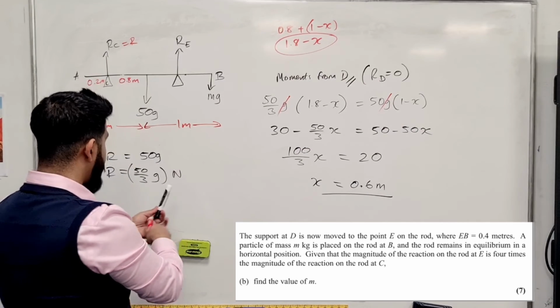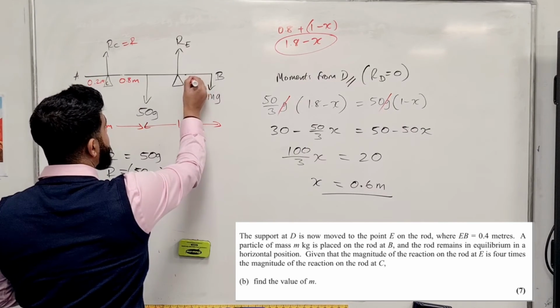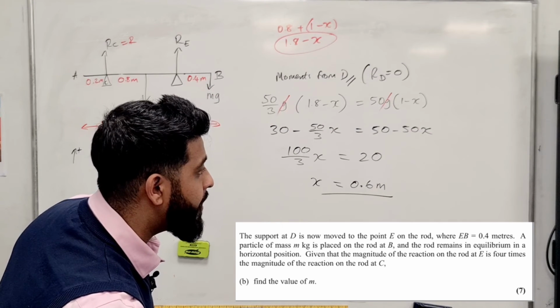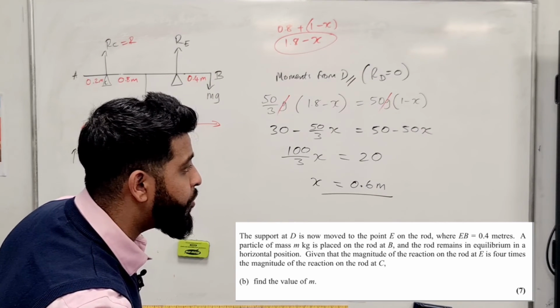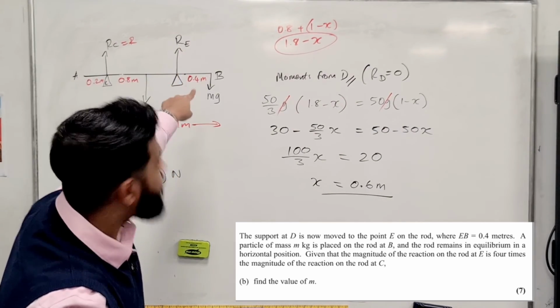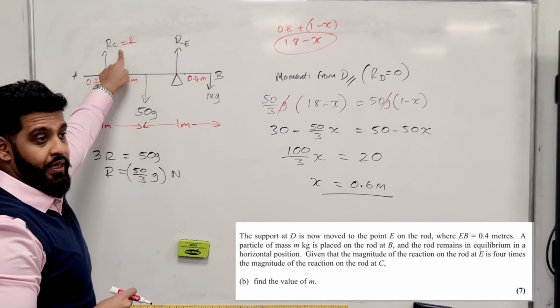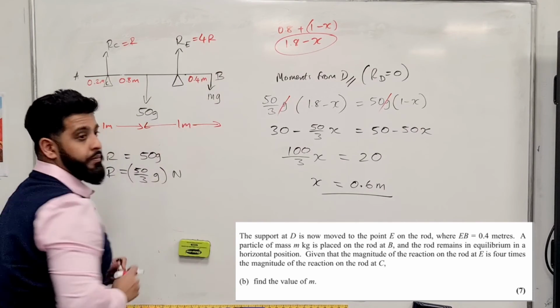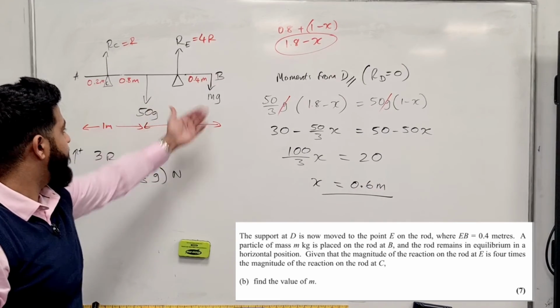And we are told that this is the distance 0.4 meters. What else does the question say? It says that the magnitude of the reaction of the rod at E is 4 times what this is here. So therefore, it will be 4R. And we need to find the value of this M.